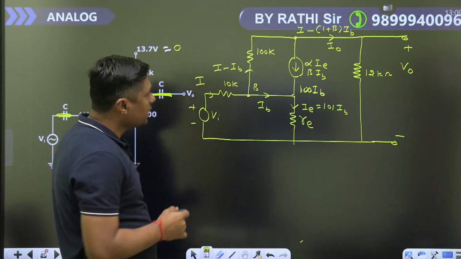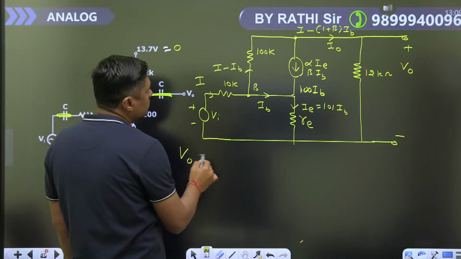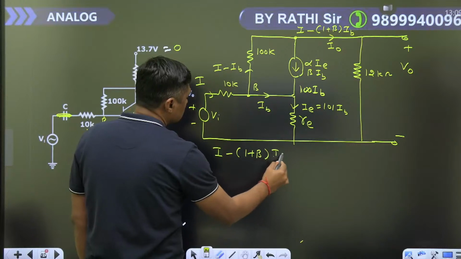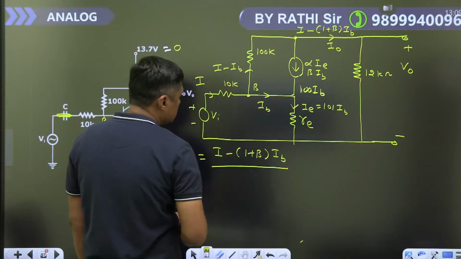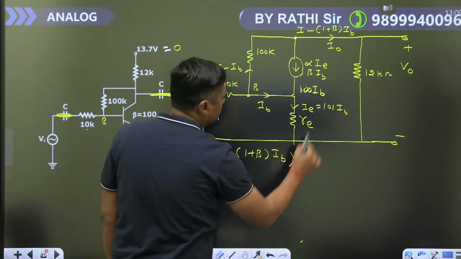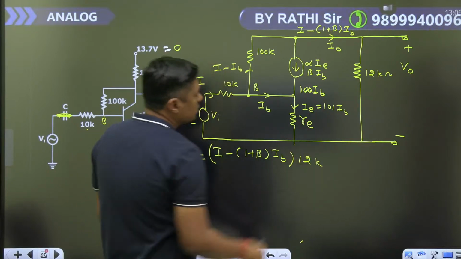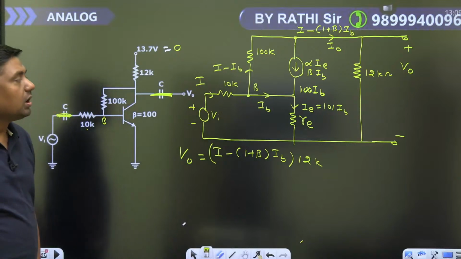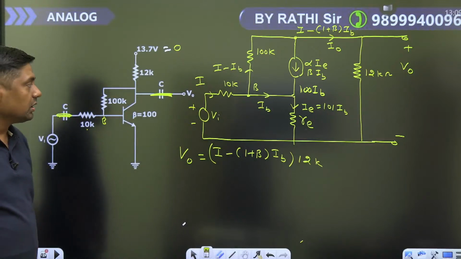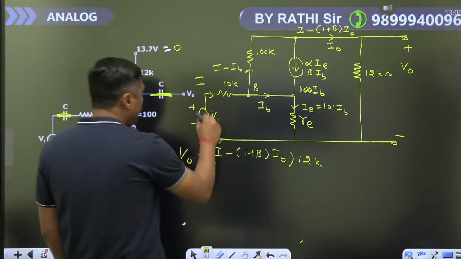Right. So you can write the output voltage is equal to this output current multiplied with the load, 12 kilo ohm. So here is a big problem. How can we find then? Finally, what is the answer here? Then you can also write the VI.